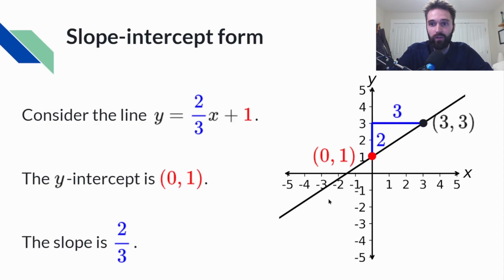Let's label this line as f of x equals 2/3 x plus 1. This looks a little goofy down here. Usually I like to label my curves above the graph, but I ran out of room, so I'm labeling it down here. f of x equals this.